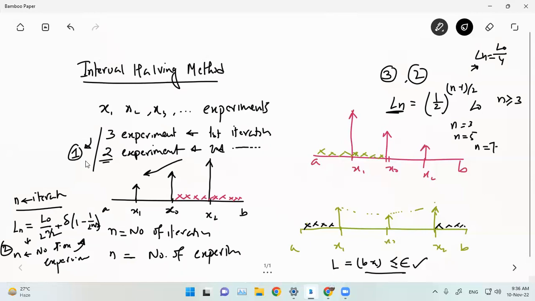Now, what will be the next one? Say we discarded this portion here. Now, in the next portion that we have, the middle one is already there. So what is our objective? We can just find the middle of this one and this one. We can also call this one the new A, this is B, and this is your new X0.